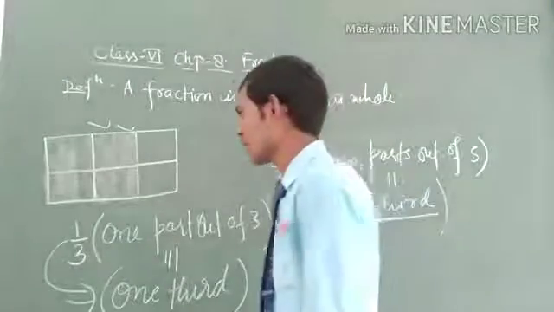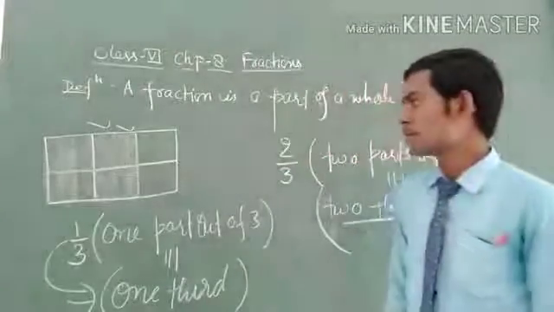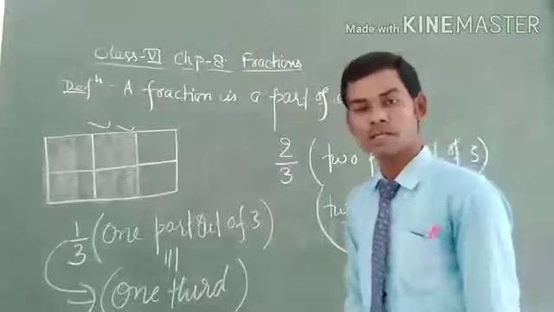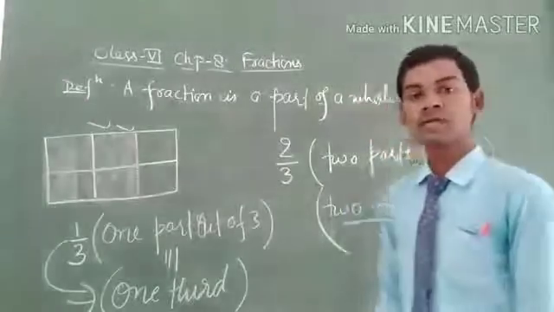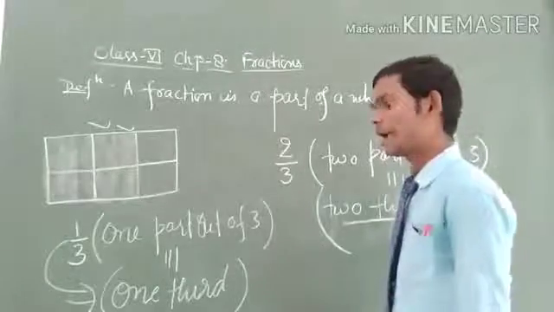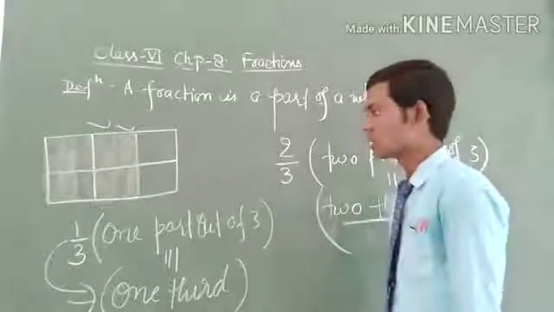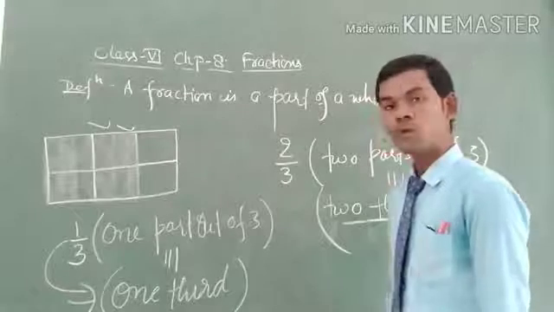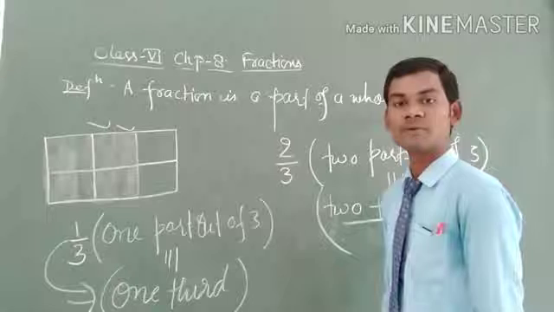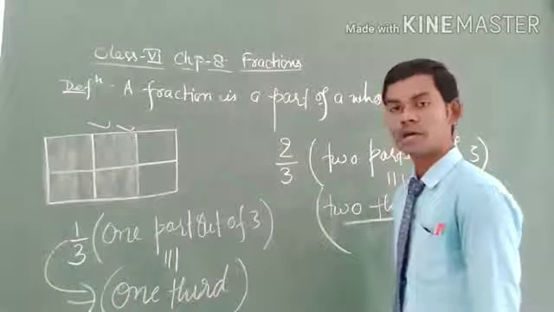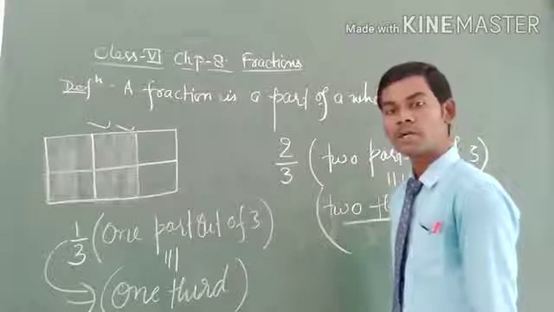Here we can see 6 equal parts in this figure, or we can say that the rectangle has been divided into 6 equal parts, and here if we see, we find that 4 parts out of 6 parts have been colored or shaded.